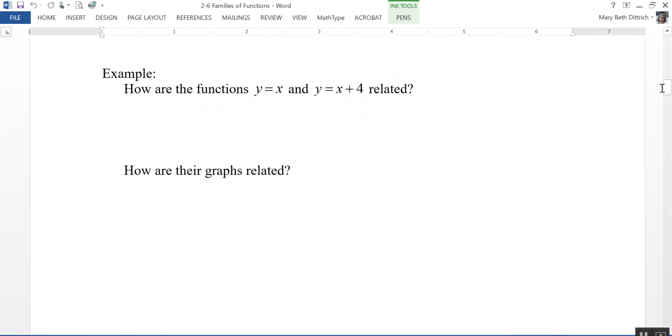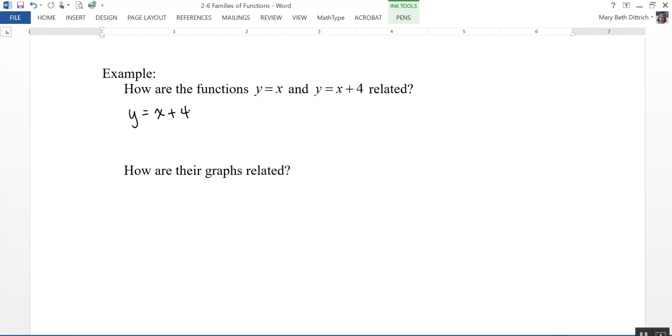So here's an example. How are the functions y equals x and y equals x plus 4 related to each other? So the function y equals x plus 4, it's hard to tell. This is probably one of the most basic functions.